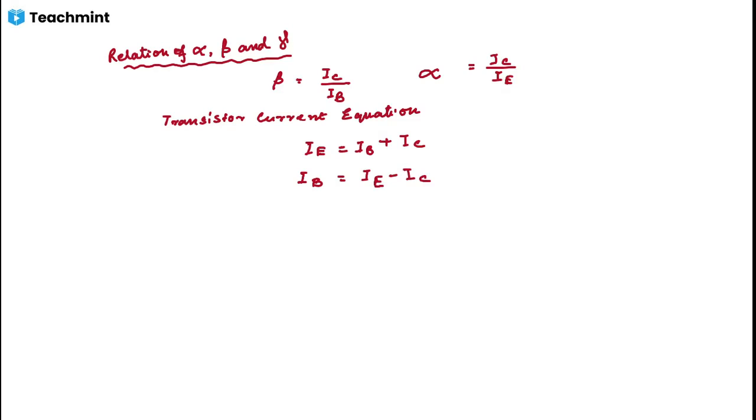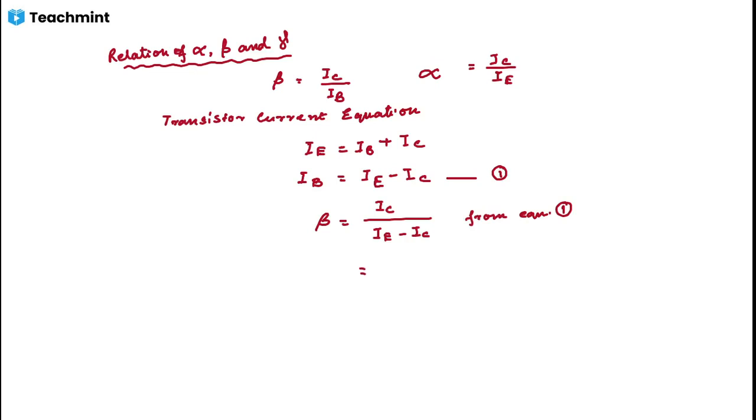So beta, if I take IC, no change, but IB is substituted. Let us use this as equation number 1. So I can write here IC by IE minus IC, from equation 1. Now I divide both sides, numerator and denominator, by IE.